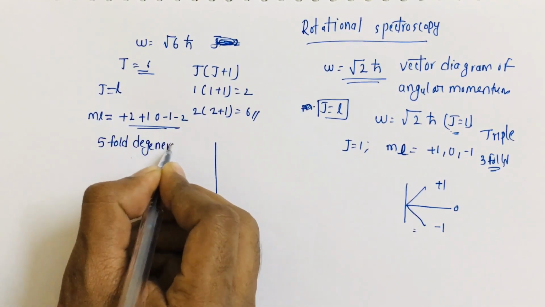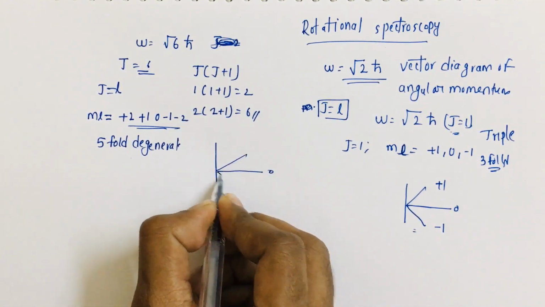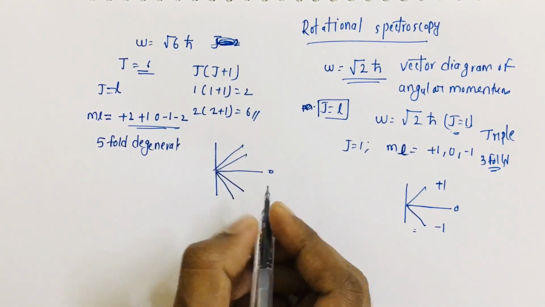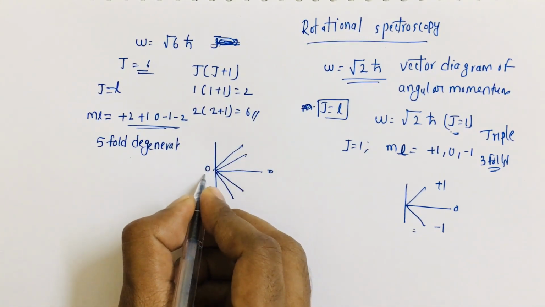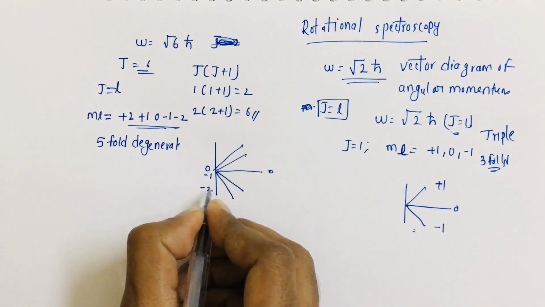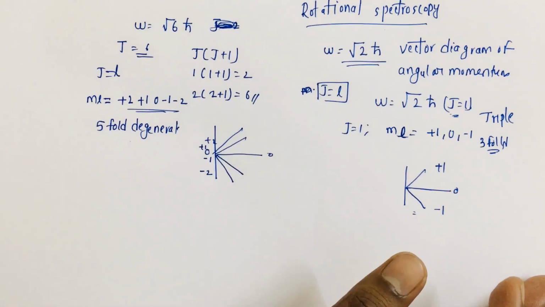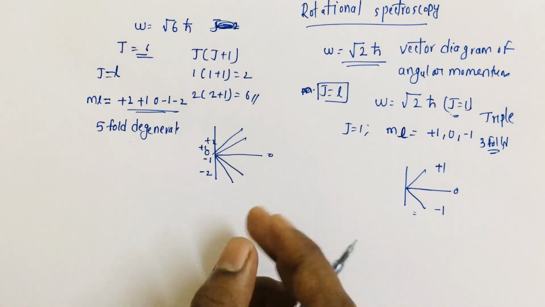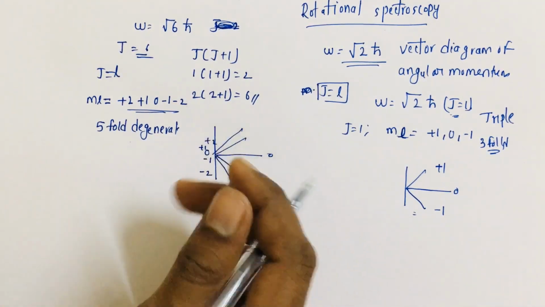The vector diagram will be like this: this is 0, minus 1, minus 2, plus 1, plus 2. So we have to identify whether it is a two-fold or three-fold degenerate in this way.